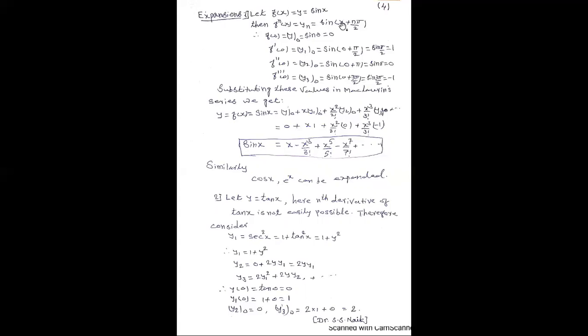When you put x is equal to 0 and n is equal to 1, this becomes pi by 2. So I get sin of 0 plus pi by 2, which is sin of pi by 2, that is sin 90 degrees, and sin 90 is equal to 1.